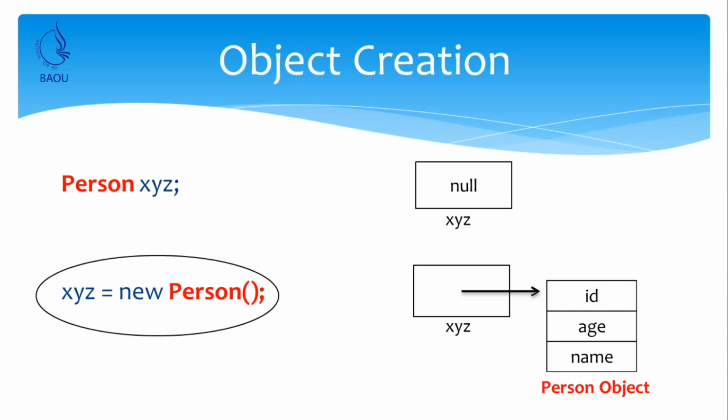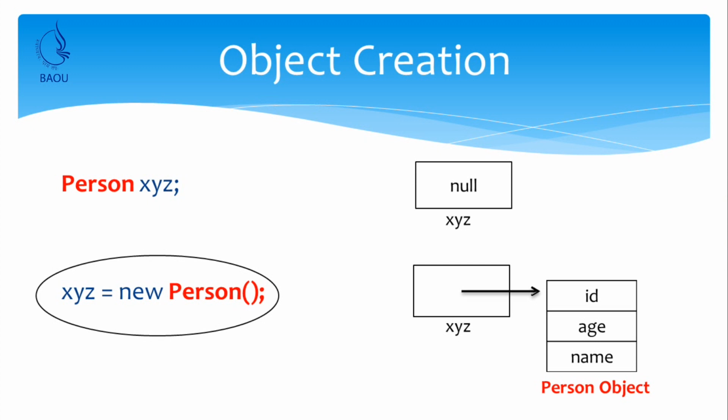Once object is created, how memory is allocated is represented on screen. So, here when you write person XYZ, XYZ has no reference, so it is assigned to null, but when you write XYZ is equal to new person, which is shown in oval, a memory is allocated for XYZ and the same value is assigned to XYZ. Now, when I create person class object, it has 3 instance variables.